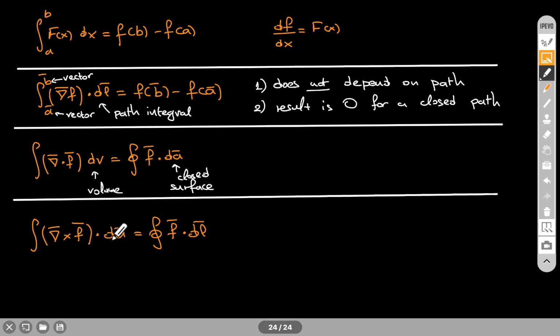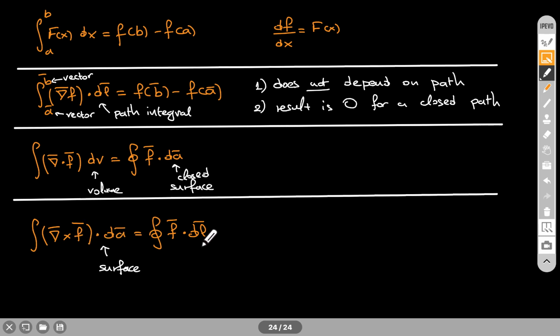And the last one is the fundamental theorem for curl. Here I'm integrating the surface integral of the curl of the vector function f. I forgot to mention this before: here the function f is a vector function, while there it is a scalar. So I'm calculating the surface integral of the curl.